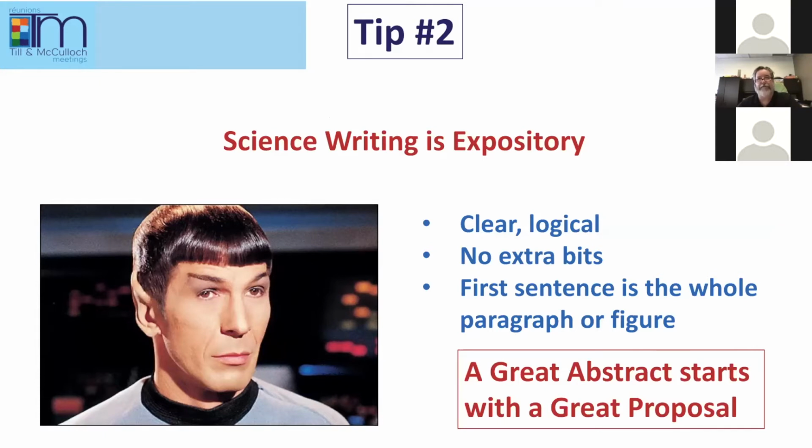Every paragraph is self-contained. The first sentence in every paragraph is the whole paragraph. So you don't need to actually read the rest of the paragraph to know what the paragraph is about. And that first sentence, that's expository writing, is the main point of that paragraph.